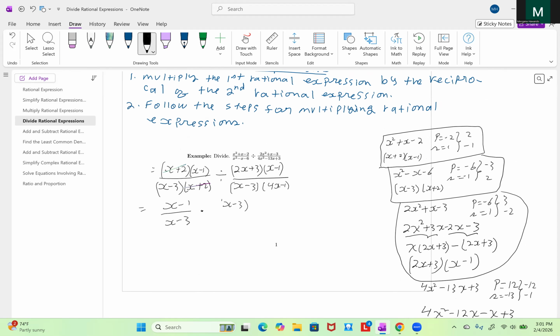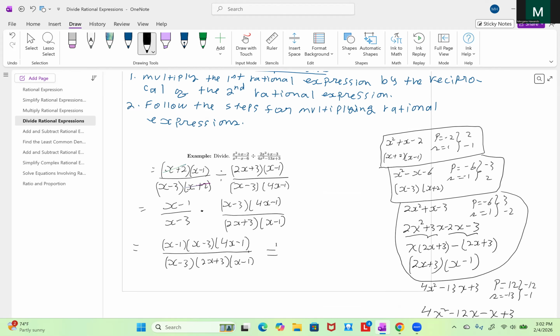x minus 3 times 4x minus 1 over 2x plus 3 times x minus 1. Multiply the numerators and multiply the denominators. So we get x minus 1 times x minus 3 times 4x minus 1 over x minus 3 times 2x plus 3 times x minus 1.